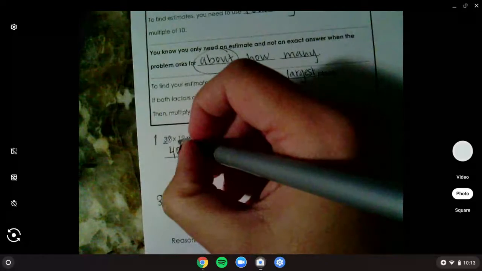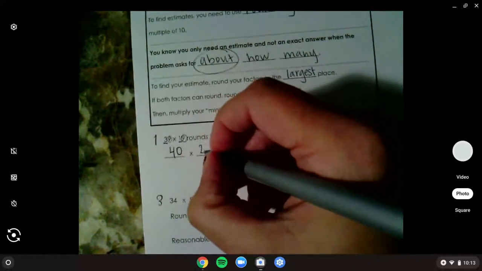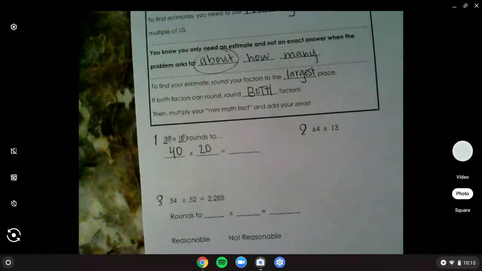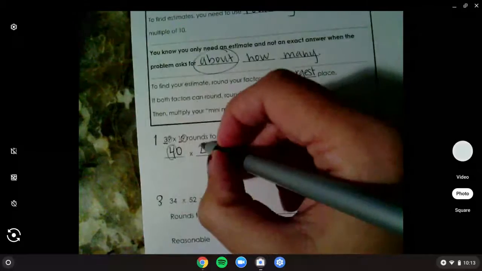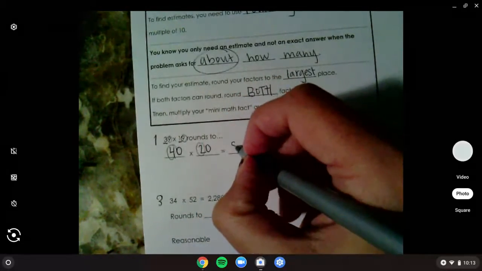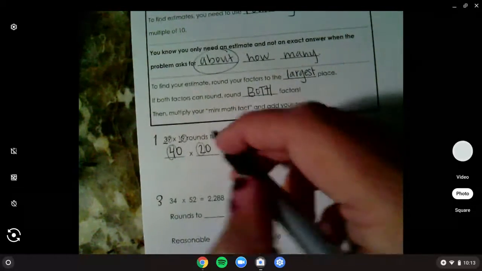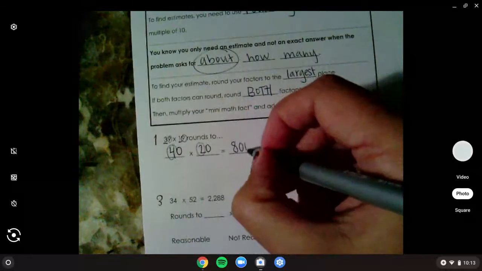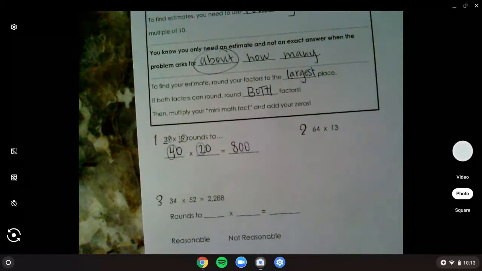Then I do the same thing for my 19. 9 tells the ones to round up, and my 9 becomes a 0. Now I'm doing what we did yesterday. I'm looking for that mini math fact. 4 times 2. Well, 4 times 2 is 8. And then I add in how many zeros? 1, 2. So it would be about 800.